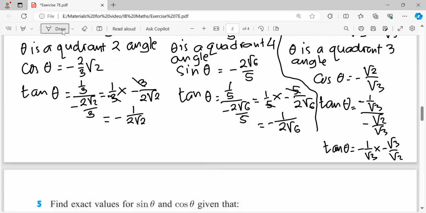So tangent theta is positive 1 over square root 2, because negative divided by negative is positive. Next. What else?